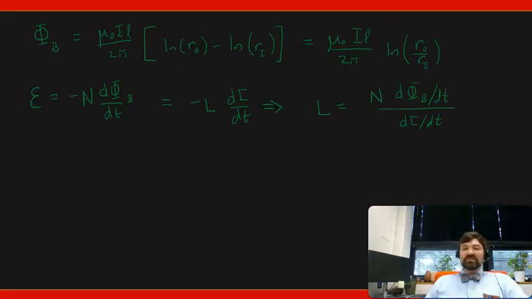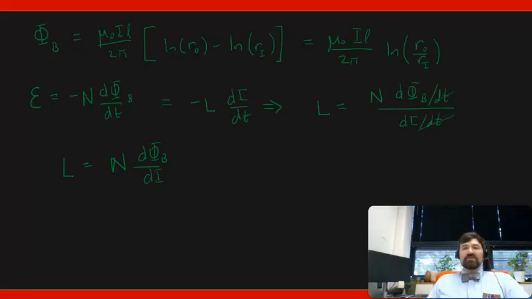So in some sense, you should be able to cancel these dt's if you'd like, and your L should just look like N d phi sub b by di.